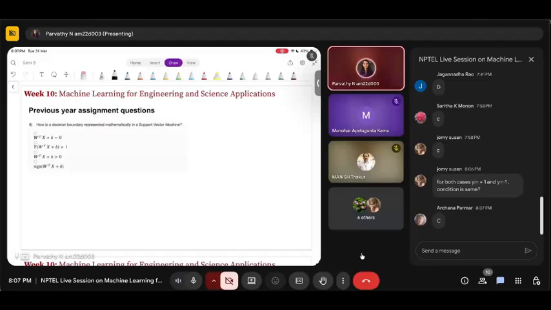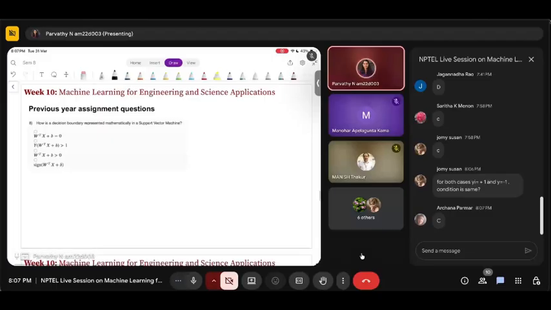For a support vector machine, you have the line and the boundary. This line equation is given by W transpose x plus b is equal to 0. And this is W transpose x plus b is 1. Everything that is greater than this is class 1. Everything that is here is class minus 1.